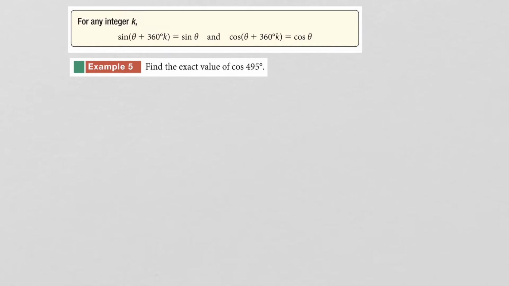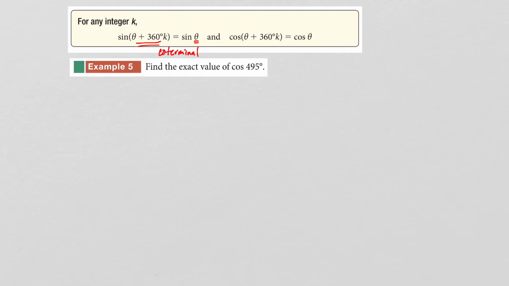Now, to help us understand why this is important, if I have an angle theta plus 360 times k, the sine of that angle is the same as the sine of theta. That is because the angle theta plus 360k and the angle theta are coterminal.